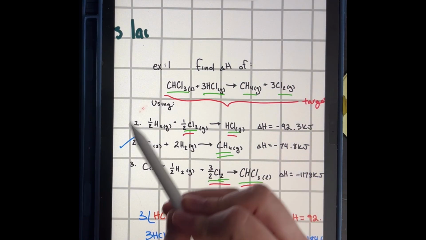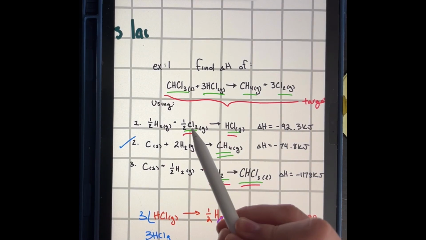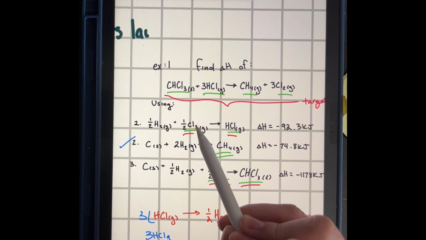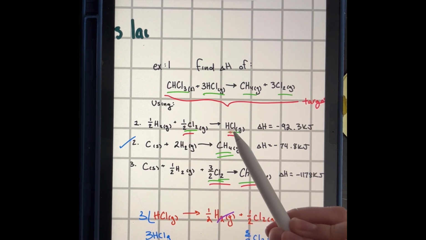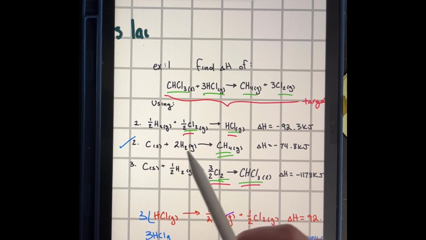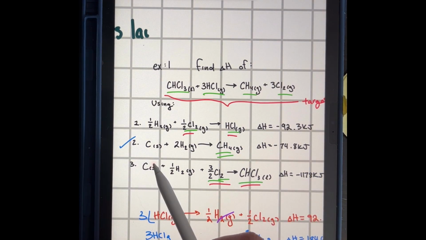Using all of these equations given, we want to find which ones are in there. Okay, we don't have H2, I'll leave it for now. We have Cl2, I'll underline that. We have HCl, I'll underline that. We don't have C, we don't have H2 again. We do have CH4. No C again, no H2. We do have another Cl2, and we do have CHCl3.